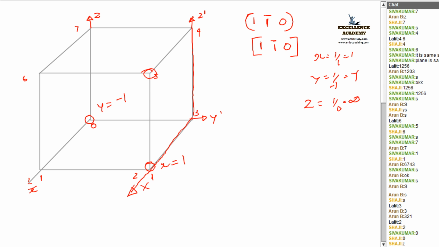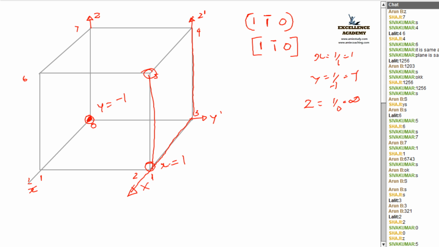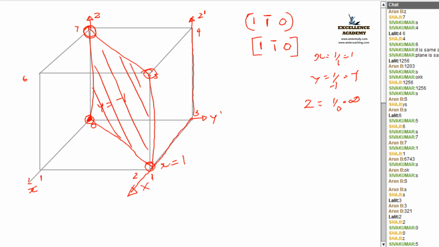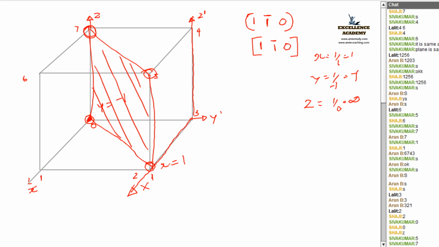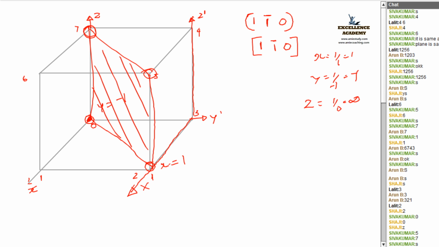You will reach 5. Agreed? Next, from y is equal to minus 1, this point, draw a line parallel to z. Yes, you will reach 7. Can all of you follow me? Join these points by means of a straight line. Clear to all? Arun, Dalit, Shaji?